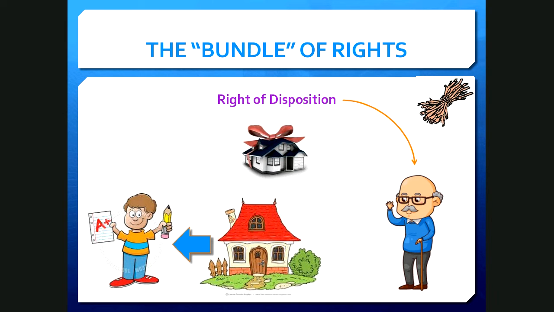So if Old Man Jones wants to dispose of his property during life, he can give it as a gift to little Johnny, and that way he makes sure little Johnny gets it and his son does not. And remember I told you about these two terms, grantor, grantee. The grantor being the person who's transferring ownership of the property, and the grantee being the person who is receiving ownership of property. I told you these terms are important. You need to get comfortable with them. You'll see them over and over again.